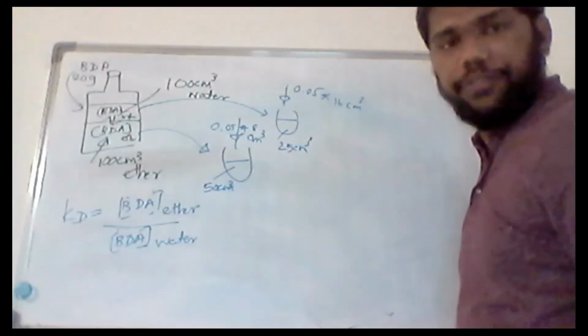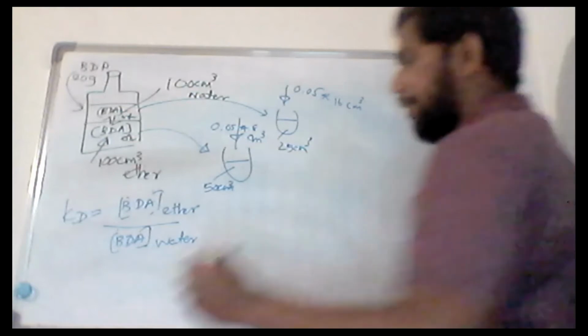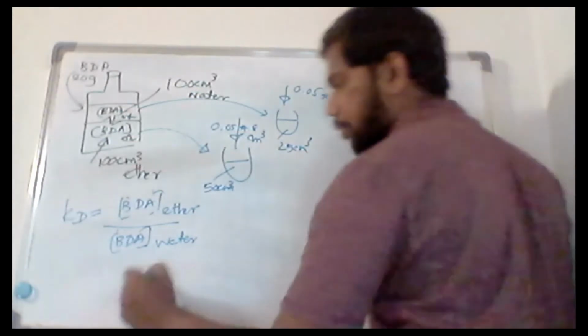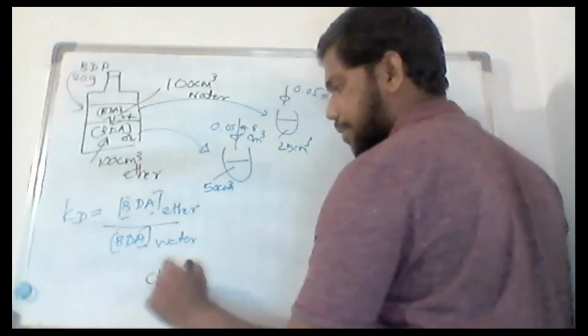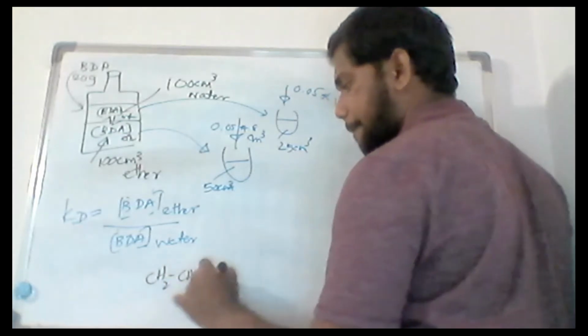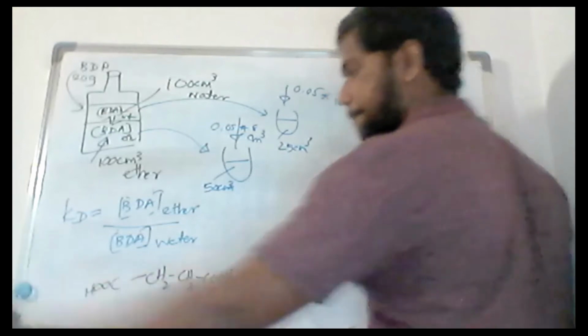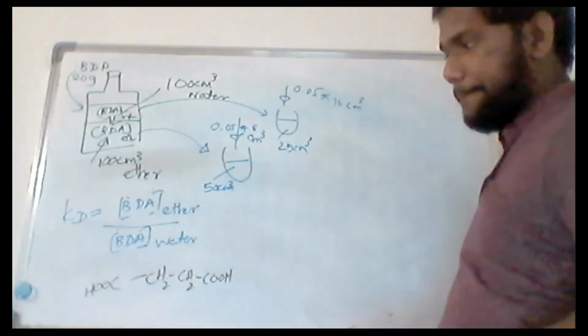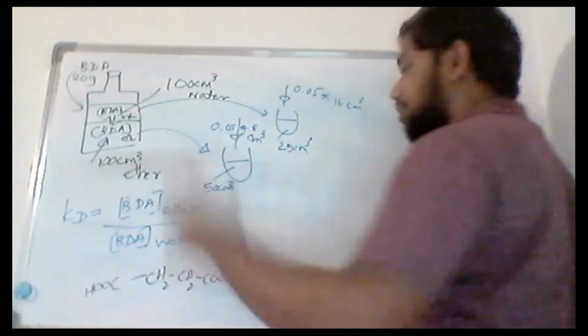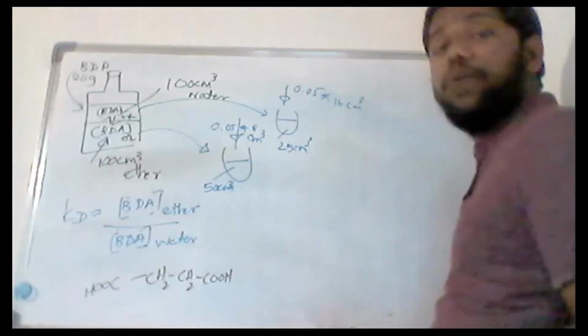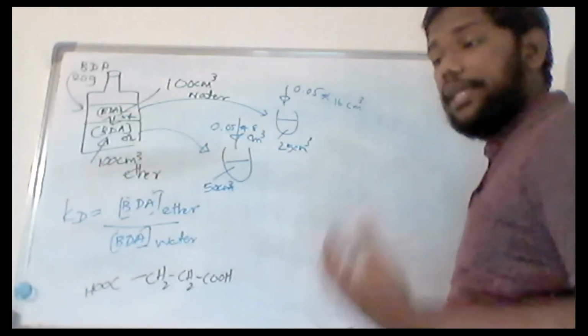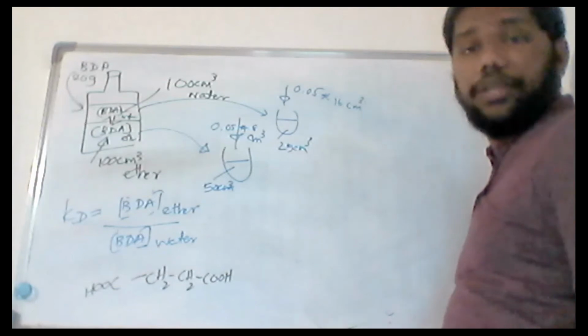The first point that you need to understand here is very important. This is butane dioic acid, which is of high polarity and its organic nature is very low.